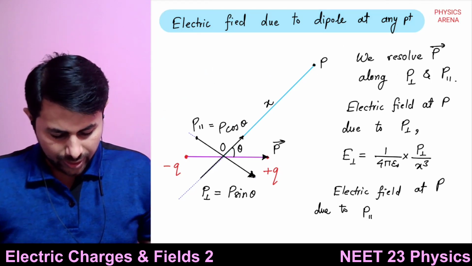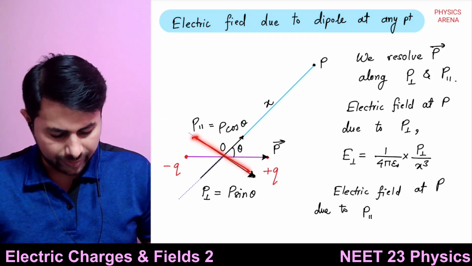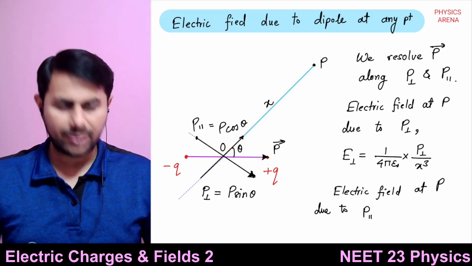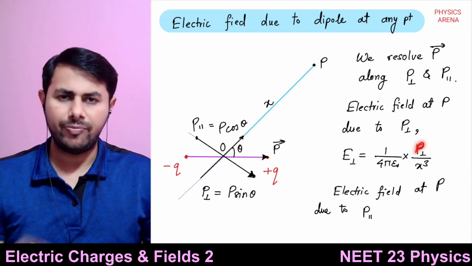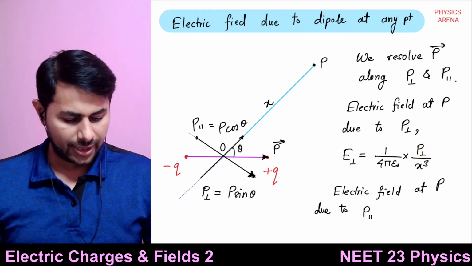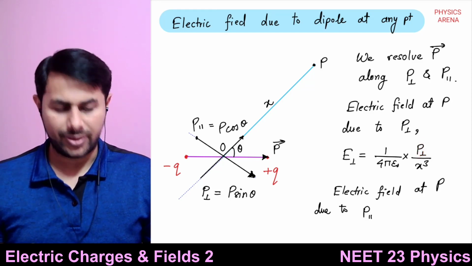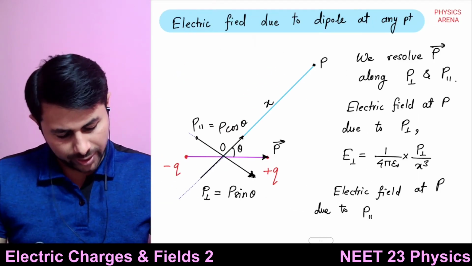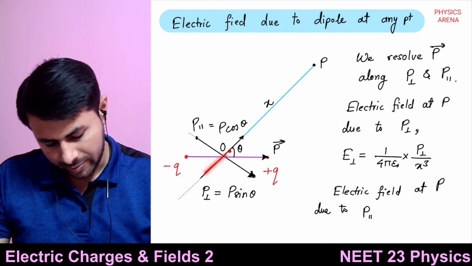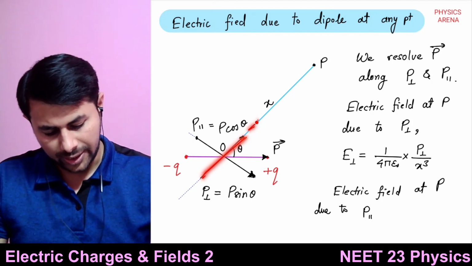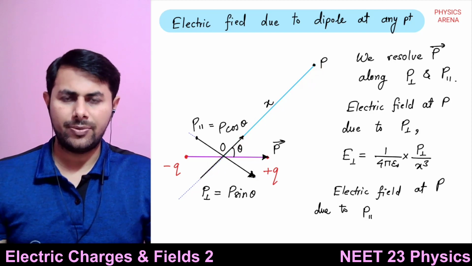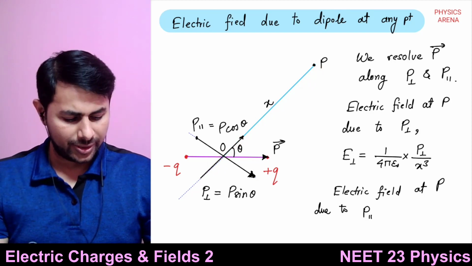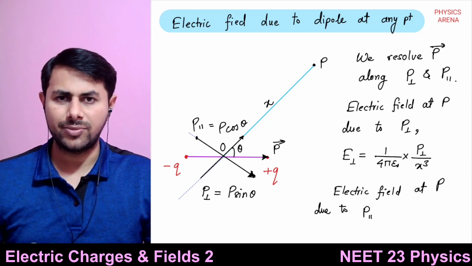Because for P perpendicular it is an equatorial point, so electric field is 1 upon 4 pi epsilon naught P upon x cube, and P is P perpendicular. And for this dipole, this is an axial point, so electric field is 1 upon 4 pi epsilon naught 2 times the dipole moment, P parallel, upon x cube.